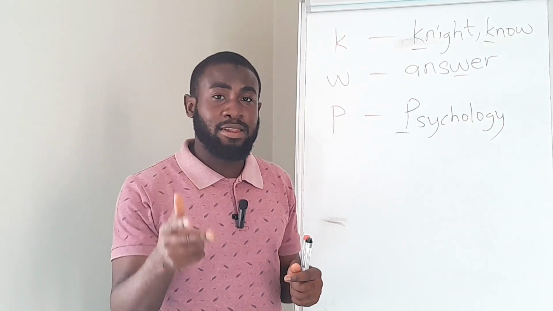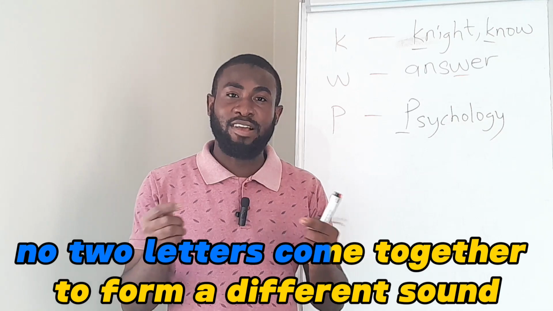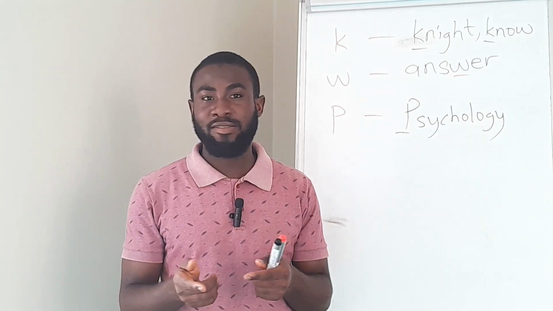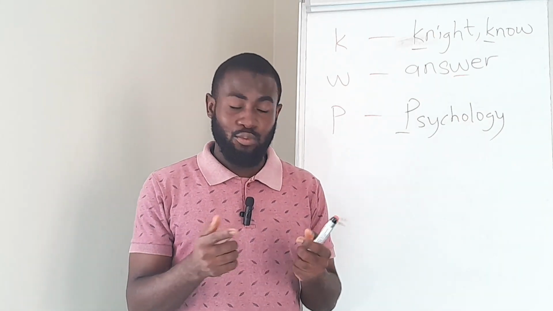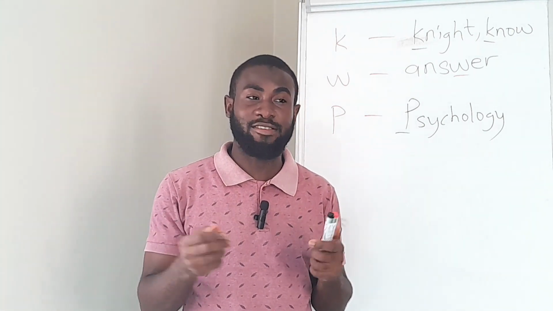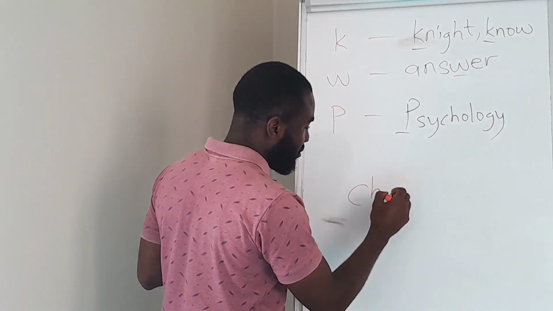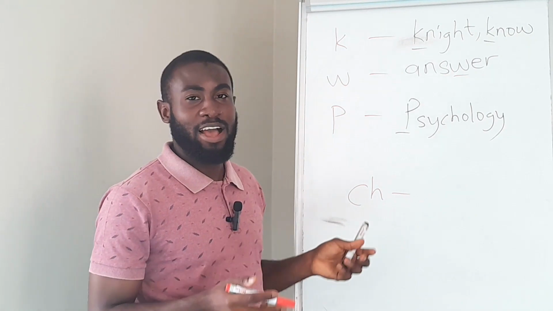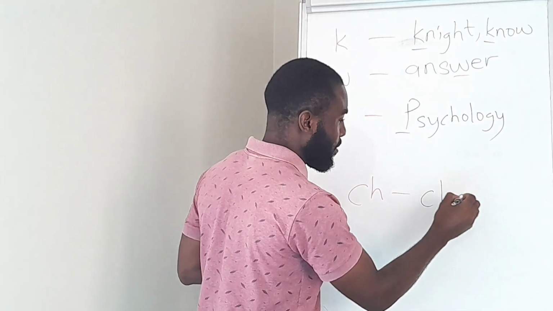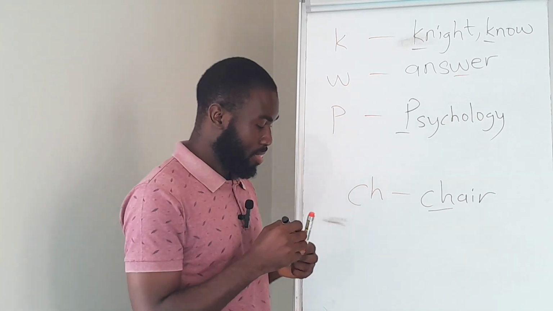Another thing about the Turkish language is that no two letters come together to form a different sound. Whereas in English, when two letters come together, the sound changes. For example, when C and H come together, you pronounce it as sh, so we have chair.